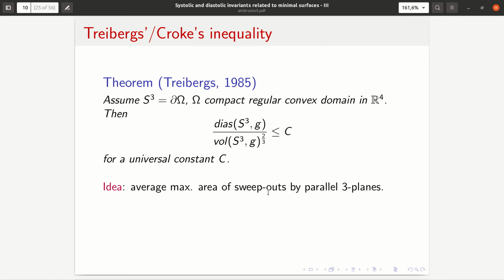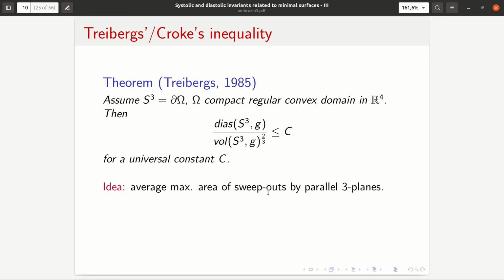In other words, he showed that it's always possible to find a sweepout of such S3s in such a way that they have area controlled by the volume of the given S3.